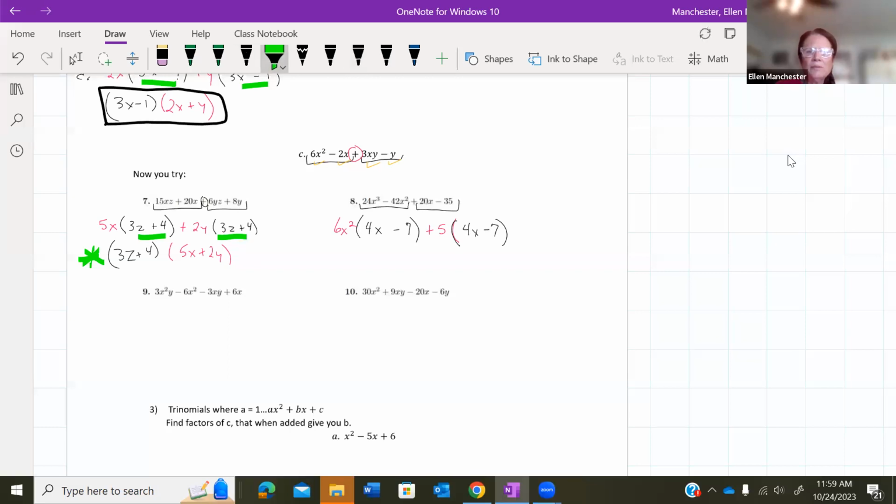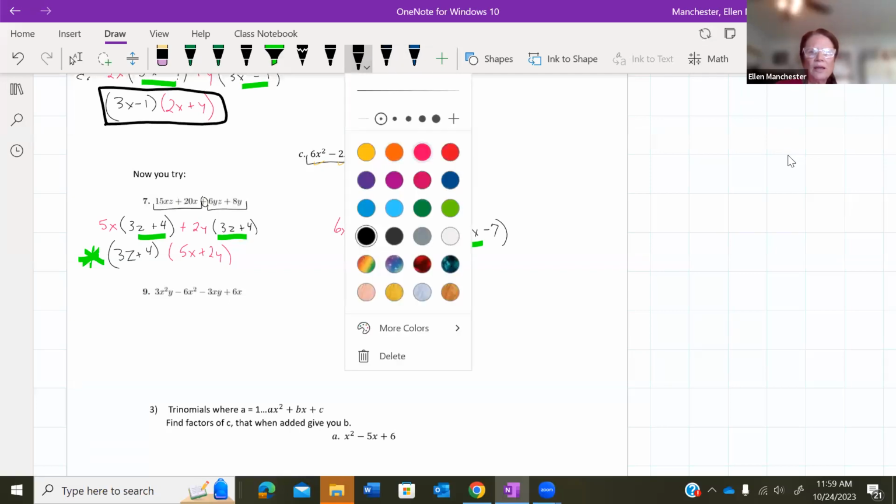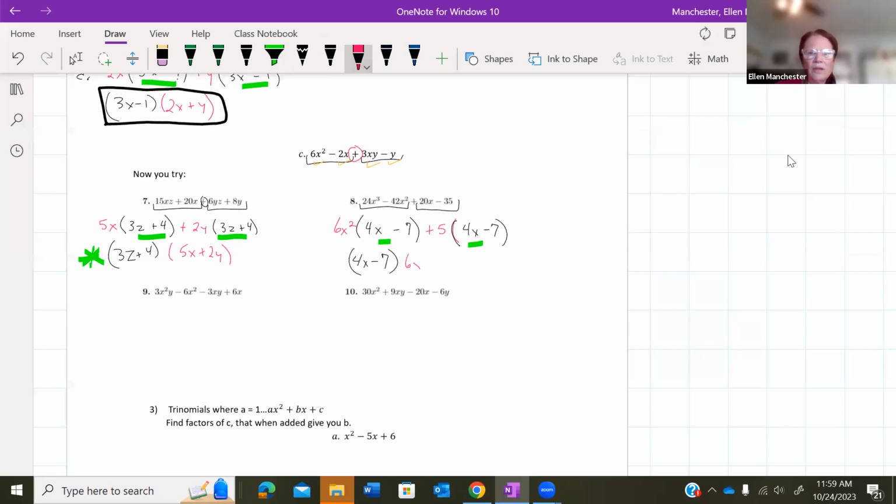These are the same. So what's left? I'm going to factor out the 4x minus 7, and then what's left is the 6x squared plus 5. Okay, again, 2 sets of parentheses. Everyone who did 8, you're good? Brianna, there you go. Oh, I didn't see who else did number 8.